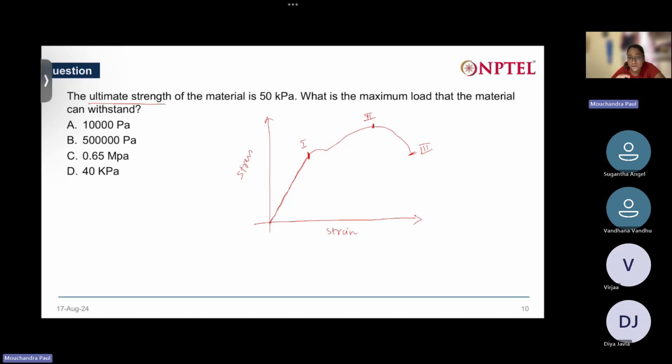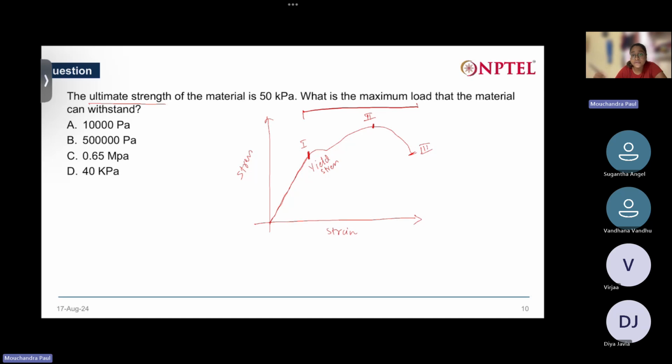I like your confidence, by the way. But point one is actually the point where the material starts yielding. Means it is the point where the elastic behavior ends. So this is also called yield stress or proportionality limit. Means this is where that stress versus strain behavior stops. The entire region after this is now the plastic region. So point number one is not said as ultimate tensile strength.